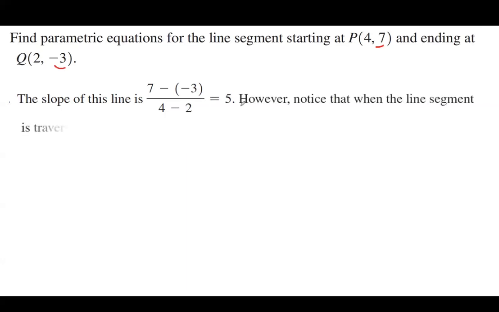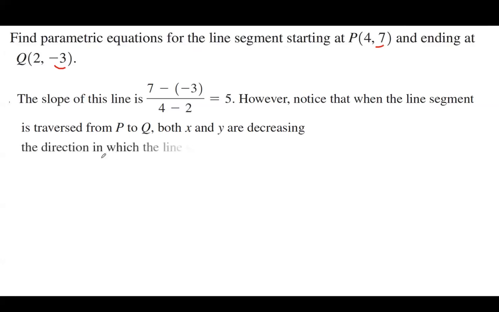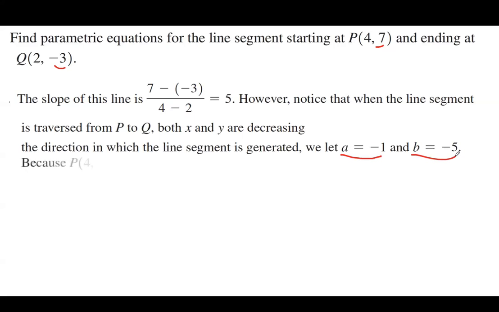Notice that when the line segment is traversed from P to Q, both x and y are decreasing. That is the direction in which the line segment is generated, so let a be -1 and b be -5. When you do the division, you get +5.